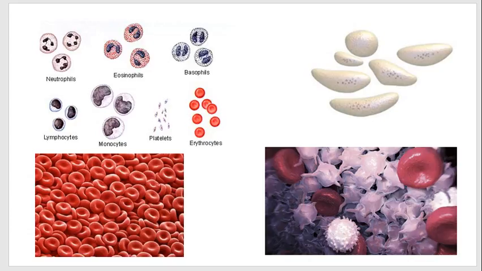Platelets are small parts of a large cell, and that's why they are called platelets. And erythrocytes, which are more popularly known as RBCs, override most of the count because they are almost 10 to 100 times more than other cells, and that's why our blood color is also red, because most of the cells are red blood cells.